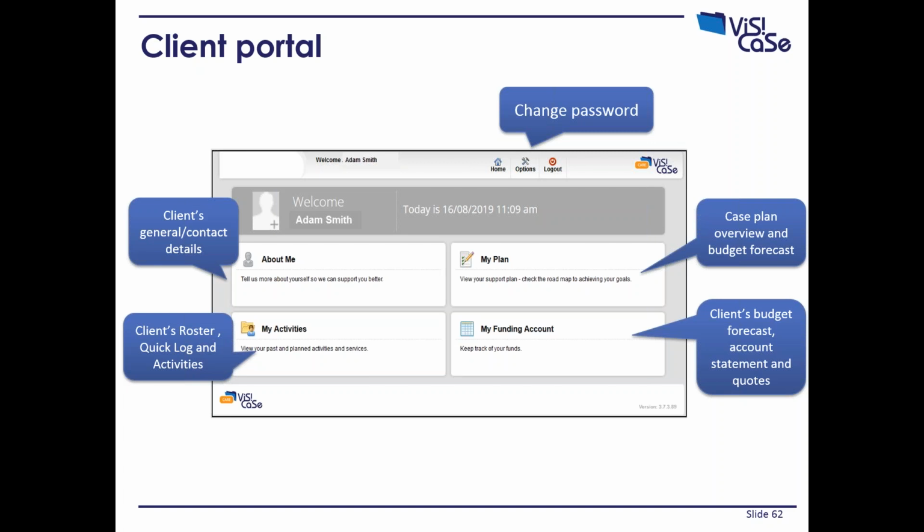The client can now see their rostered activities, their quick charges, and any activities they may have, be it actions or group activities. They can see how their case plan and overview is progressing and how they're progressing to their expected outcomes and goals. And they can see how their funding is continuing throughout their period via the My Funding account.